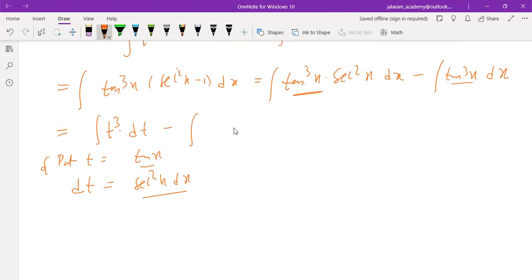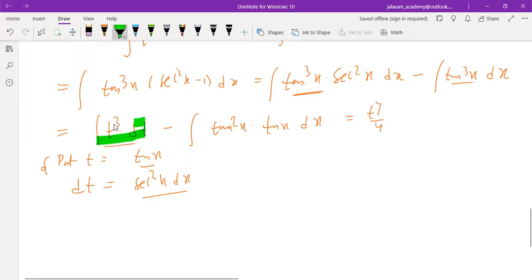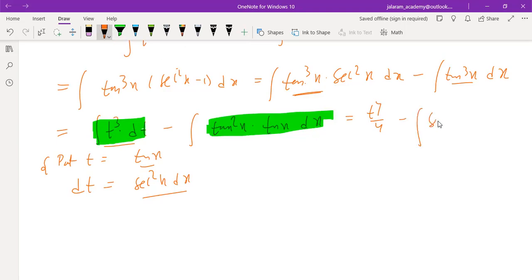Minus this tan cube x becomes tan square x into tan x dx equals t to the power 4 by 4. Integration of t cube dt is t to the power 4 by 4. Minus this tan square x into tan x is again the same method, that is, change this tan square x to sec square x minus 1 into tan x dx.